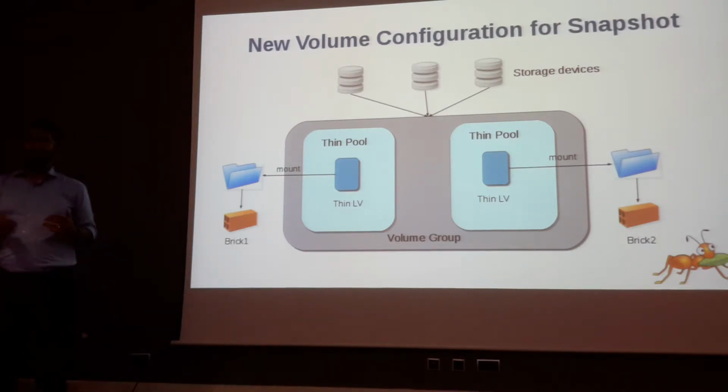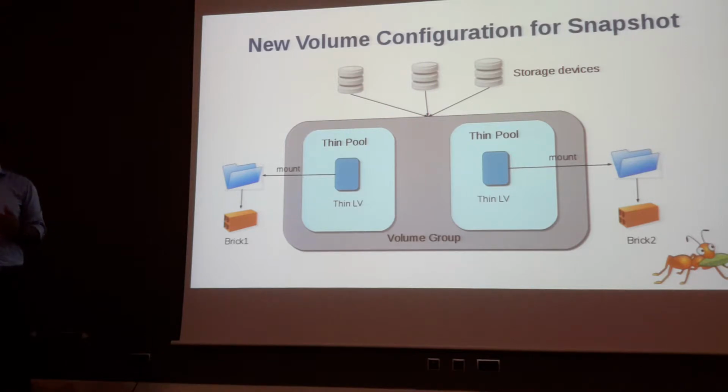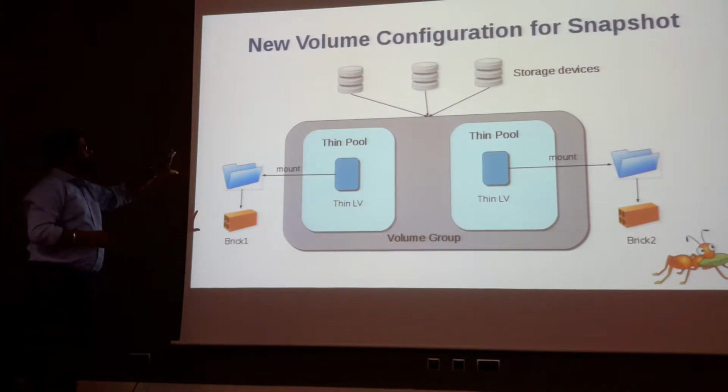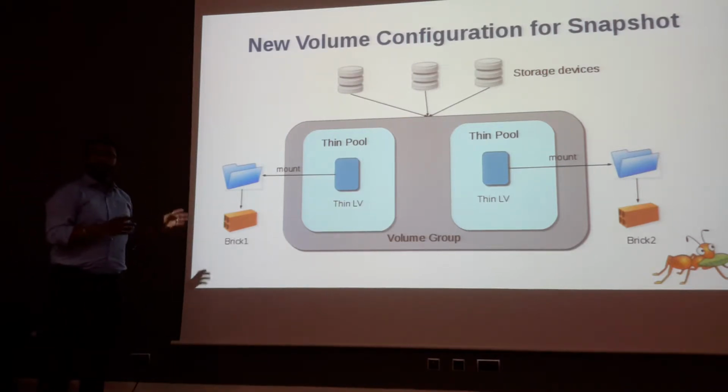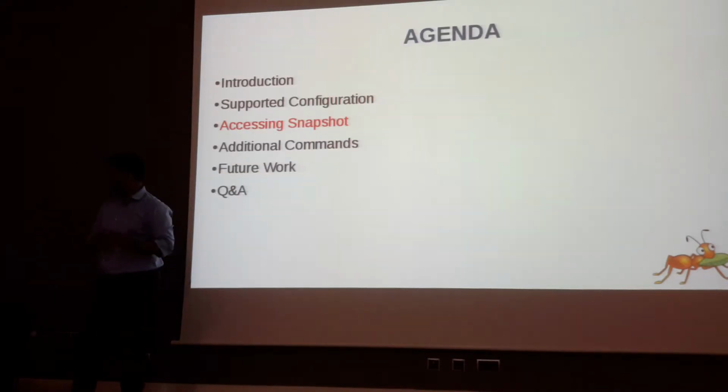If you are taking a lot of snapshots, it will consume metadata and storage from the same pool. So administrators should monitor the usage of the thin pools and the backend storage.